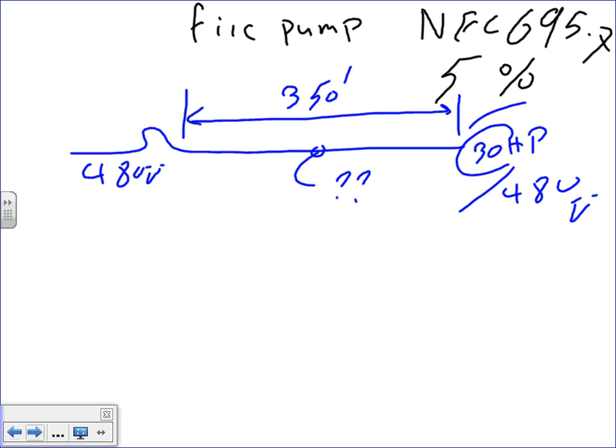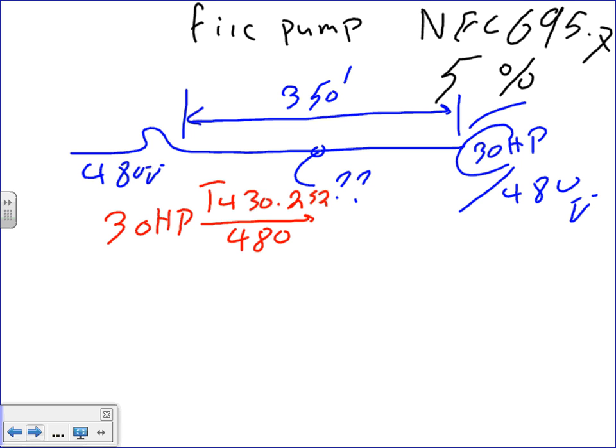All right. The first thing you need to do is take the full load current of this motor from NEC 430.250, the table for full load current under voltage 480, three phase.